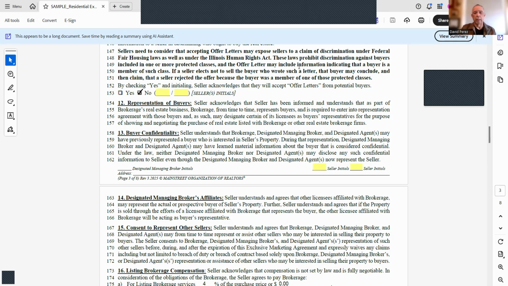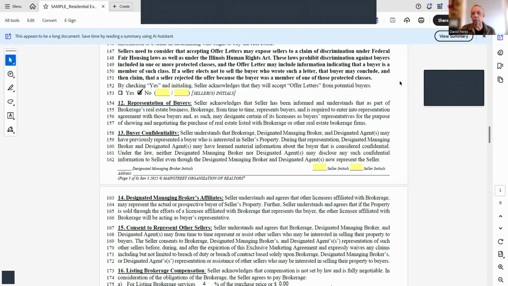So I normally don't recommend accepting offer letters because it goes into a little gray area. Someone else who didn't get the property, and who made an offer similar to the one you accepted, could say that you discriminated under the federal fair housing law, and things can get a little steamy.